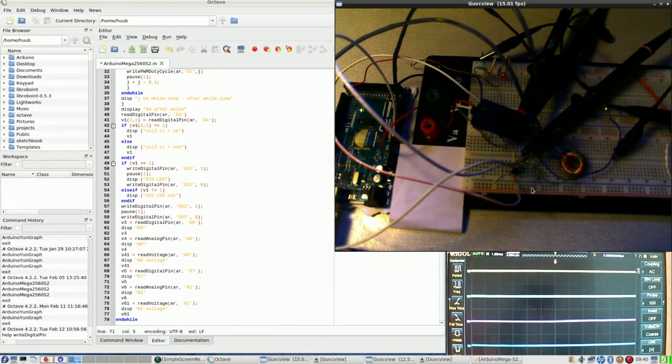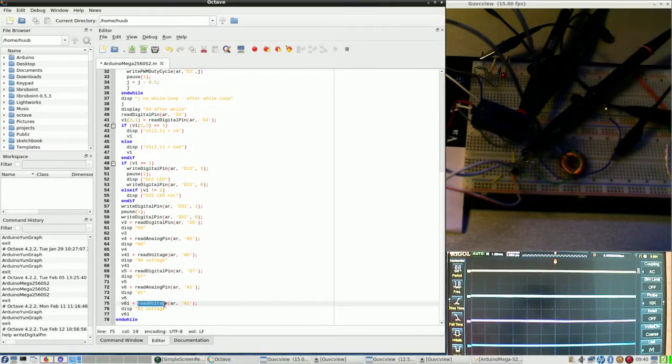Alright, so talking about voltage, a read voltage here and a read voltage here with some different variables, actually not a variable but a vector, which is rather logical because they are reading the same pin.